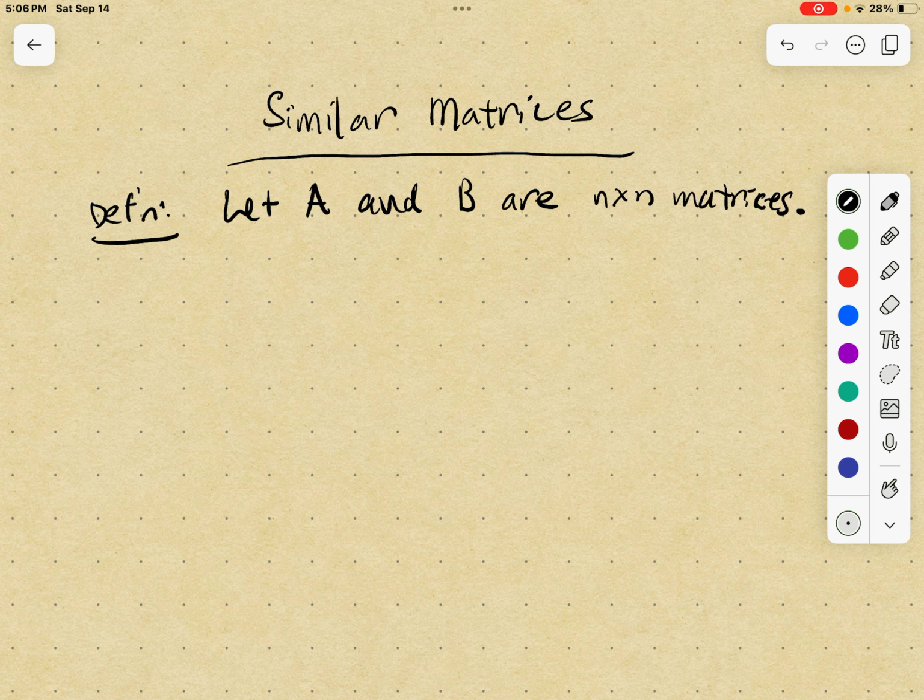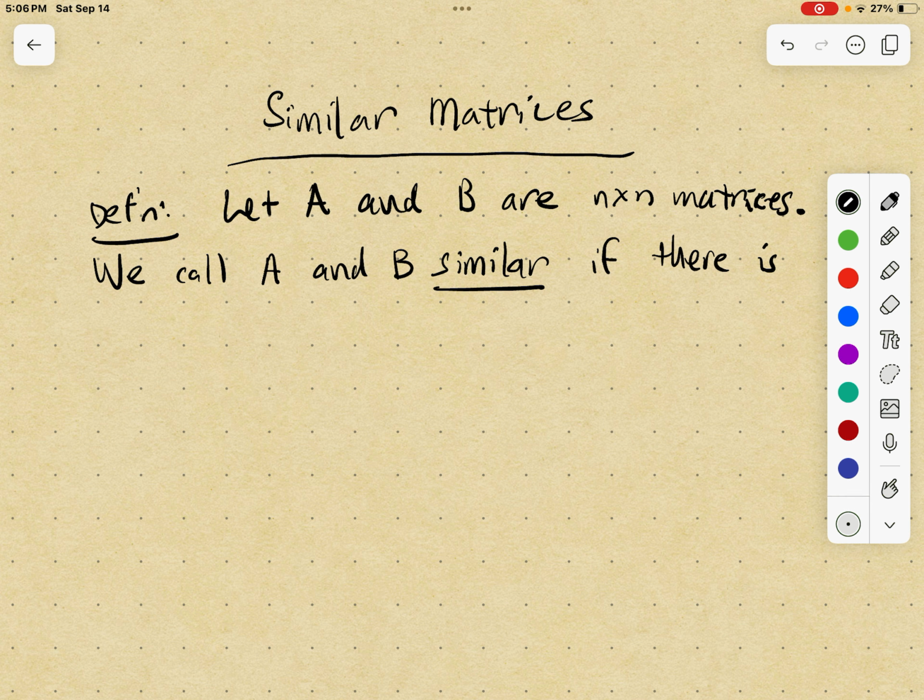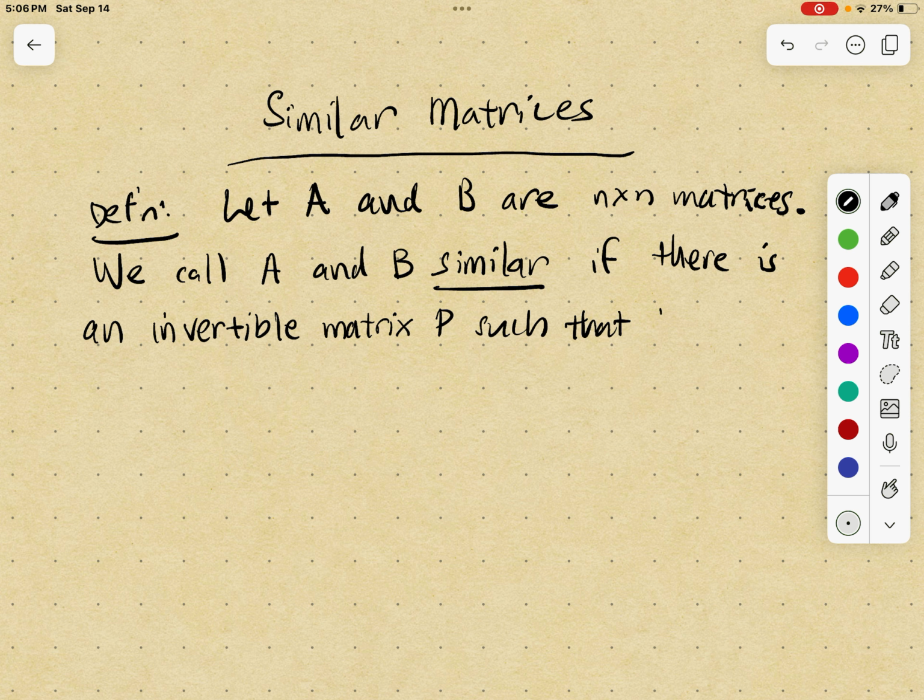We say that A and B are similar if there is an invertible matrix P such that B equals PAP inverse.